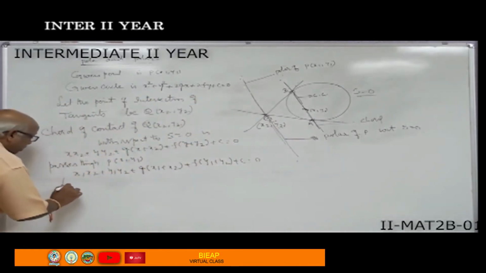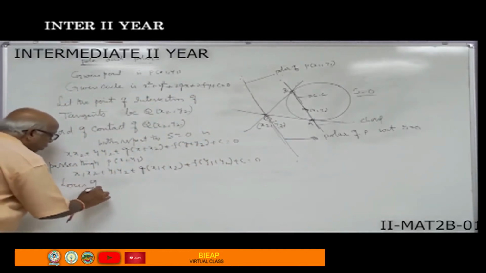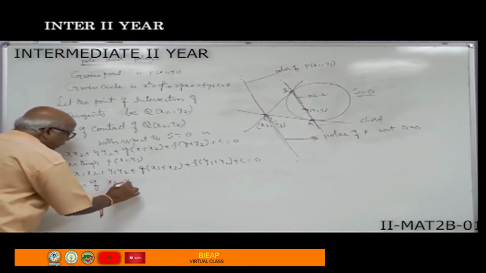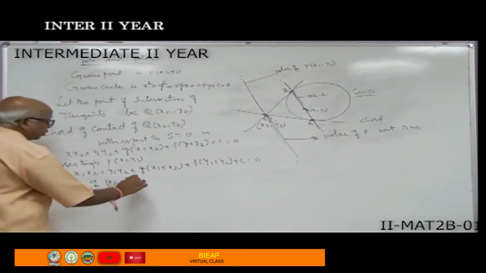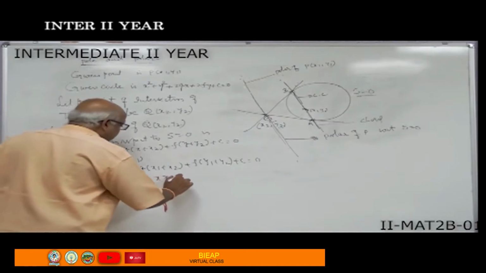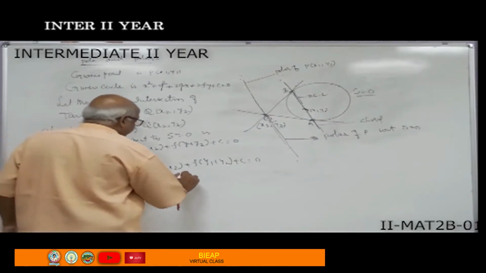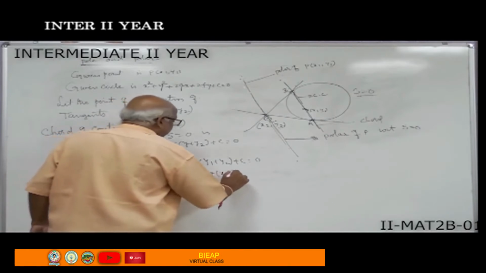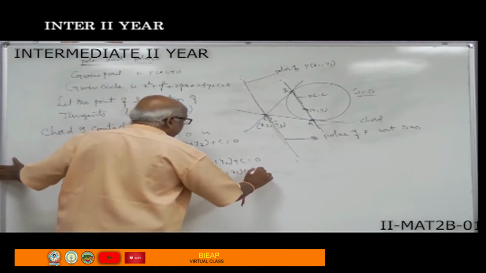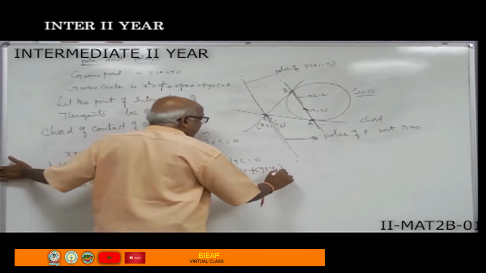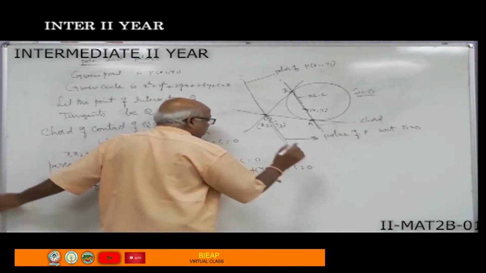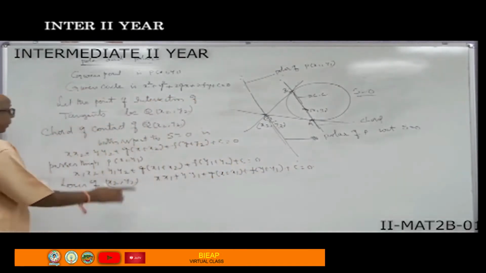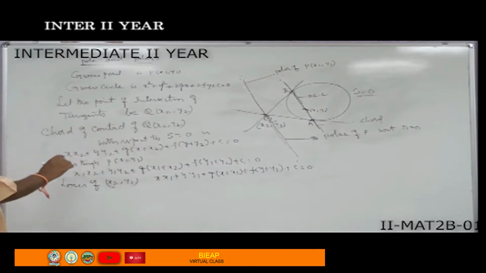So locus of x2 y2: replace x2 with x, y2 with y. x x1 plus y y1 plus g into x plus x1 plus f into y plus y1 plus c equal to 0. By definition, what is the locus of x2 y2?